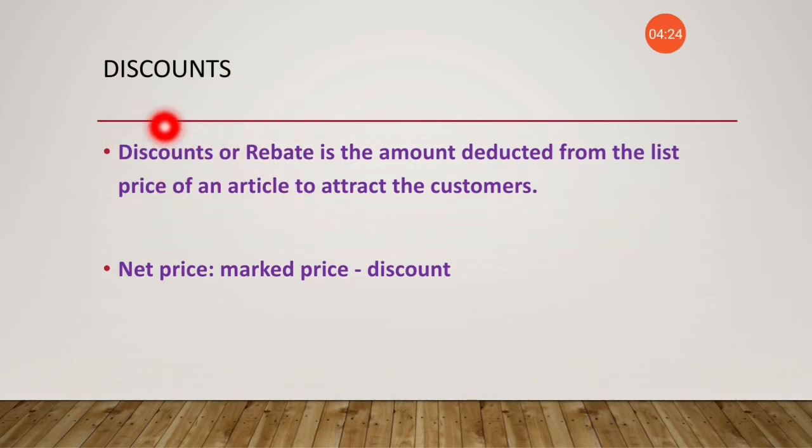Even we have different advertisements, different applications, Amazon there, then Flipkart there. In that we try to buy a particular item or material with a great discount. So discount or rebate is the amount deducted from the list price of an article to attract the customers.